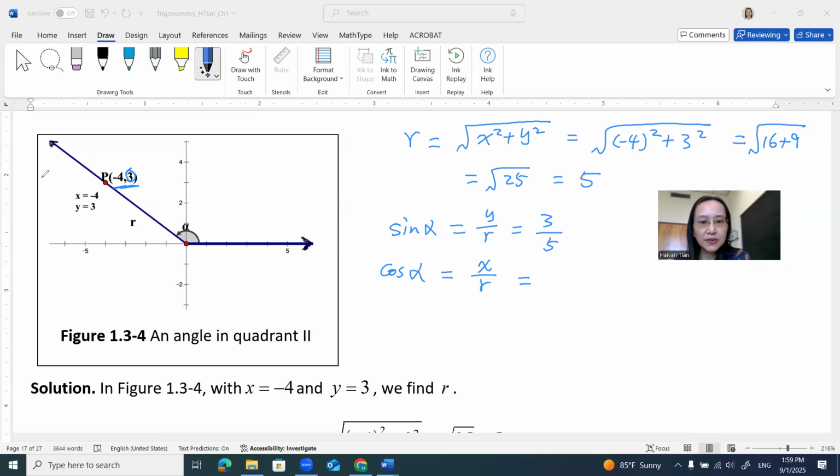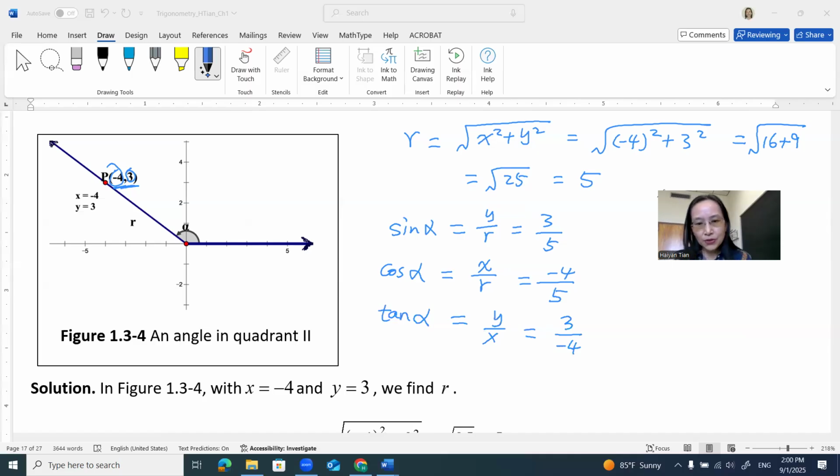The x coordinate of the point is -4 here, so -4 over r, which is 5. Now tangent alpha. The same alpha, we can evaluate 6 functions at the same alpha. So tangent alpha is y over x. Y is 3, x is -4. Right now we're simply applying the definition to this angle alpha.